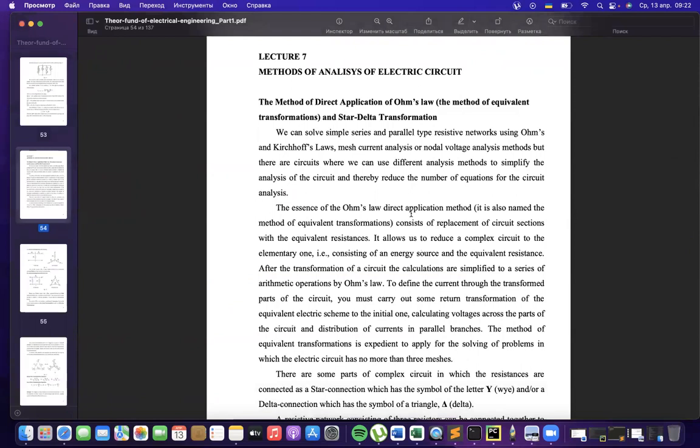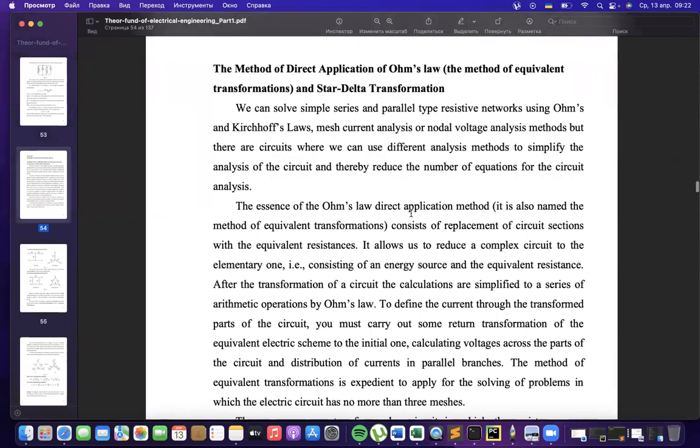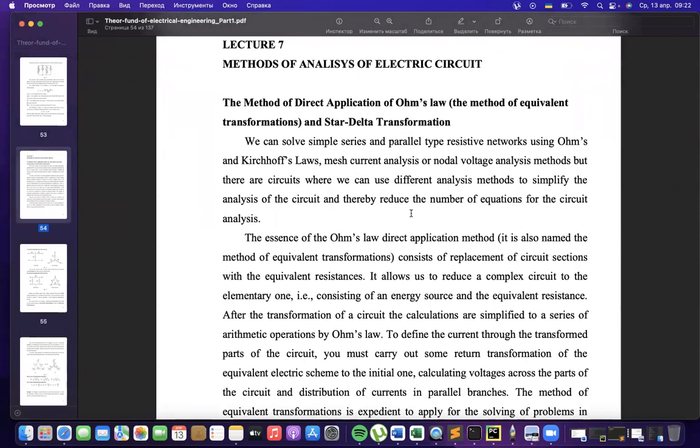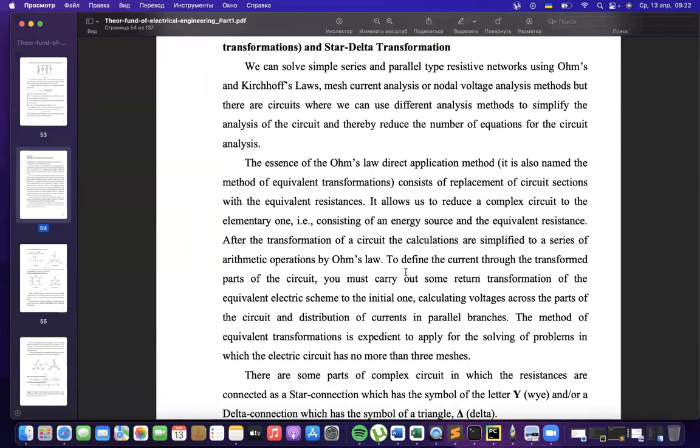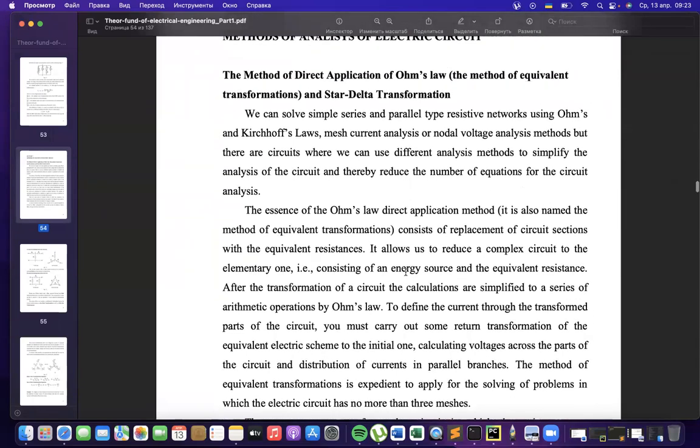Here it is. Everything that we are doing here is just for decreasing the number of elements or making the position of elements more comfortable for making mathematical equations to calculate the state of this system.